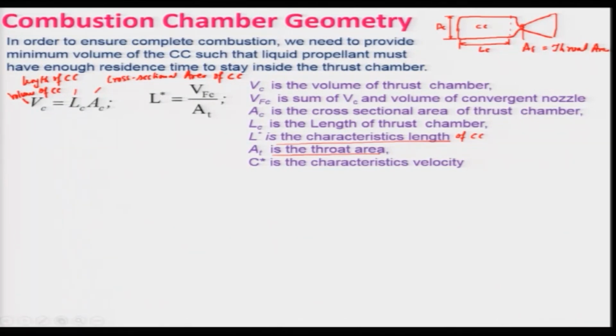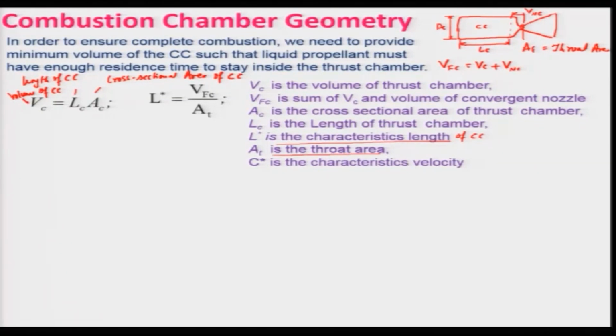VFC is the sum of Vc, that means this volume, and from here up to this point, the convergent portion of the nozzle, plus V nozzle NC, the convergent portion of the nozzle.